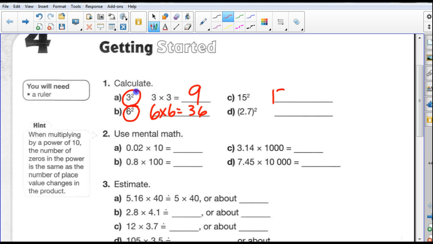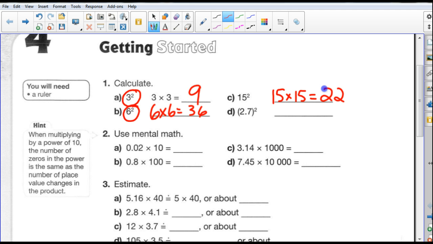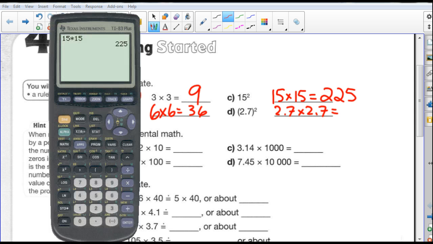15 squared is 15 times 15, which is equal to, well, that's not one of those ones that somebody readily memorizes, so we can take our calculator. And we can do 15 times 15, and we get 225. And then 2.7 squared is just 2.7 times 2.7, which is equal to, well, let's take our calculator again.